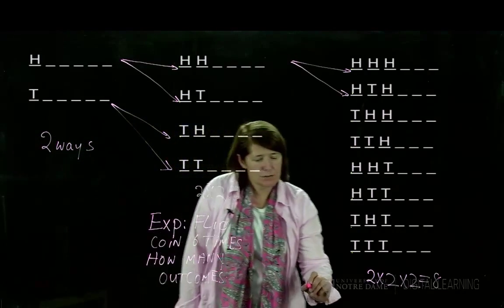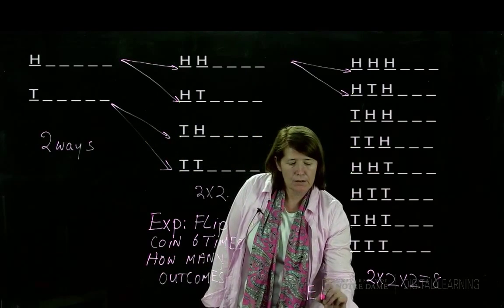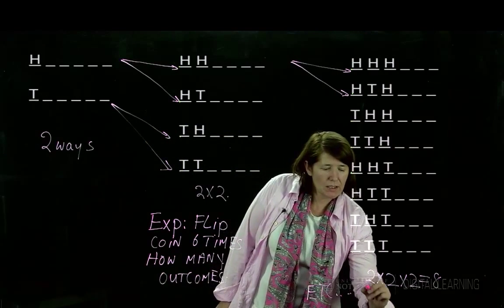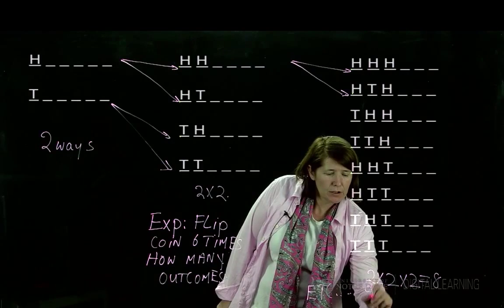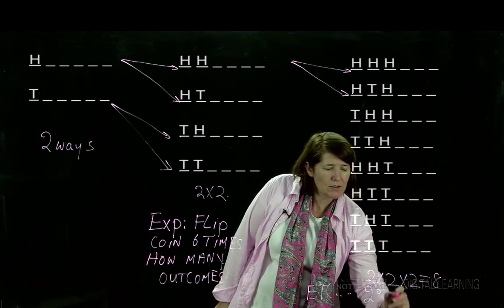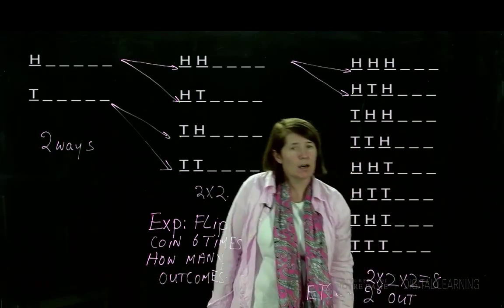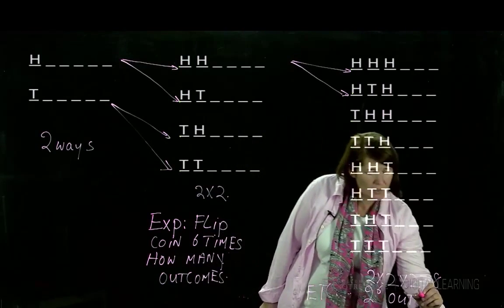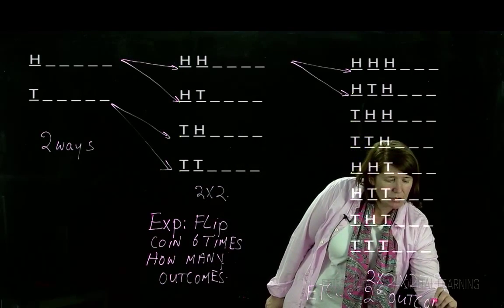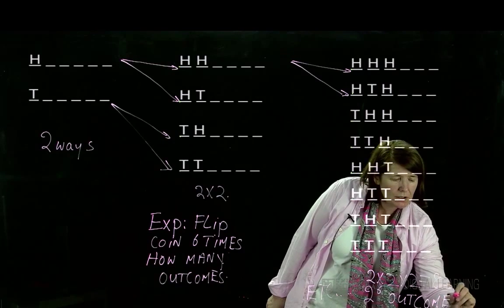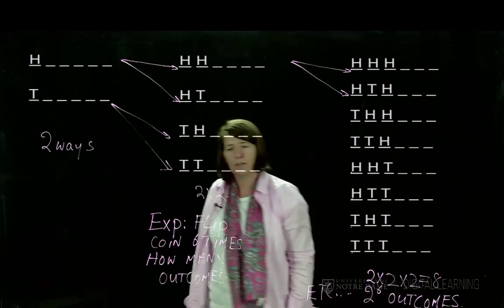And if we carry on in this manner, we will see that in all we have 2 to the 6 ways of filling in a sequence of length 6 with heads and tails. So I have 2 to the 6 outcomes in my sample space.